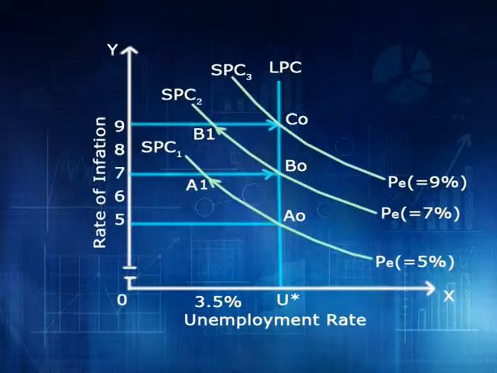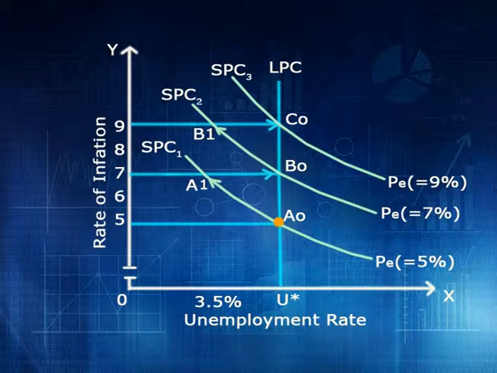The process may be repeated again with the result that while in the short run, the unemployment rate falls below the natural rate, in the long run, it returns to its natural rate. But throughout this process, the inflation rate continuously goes on rising. On joining points such as A0, B0, C0 corresponding to the given natural rate of unemployment, we get a vertical long-run Phillips curve.